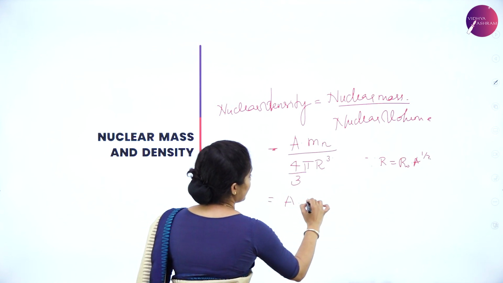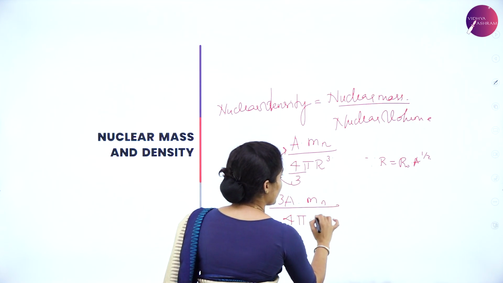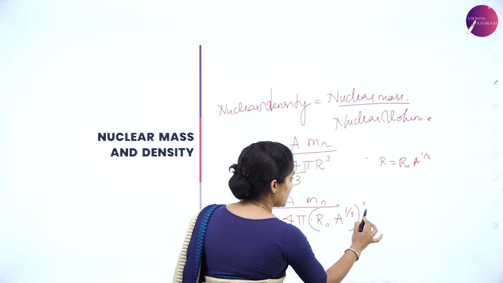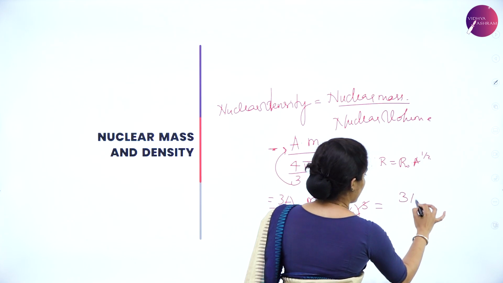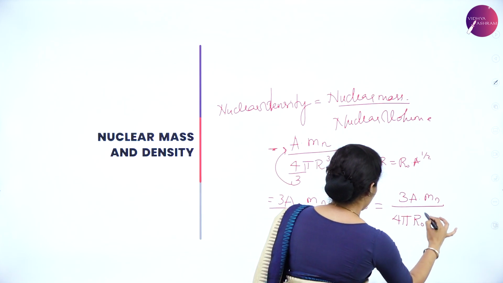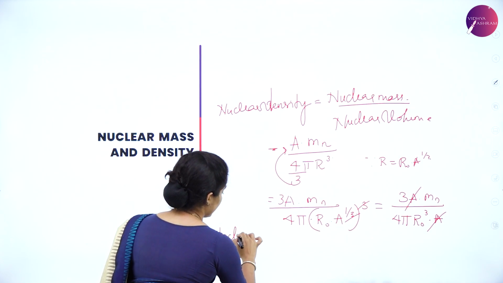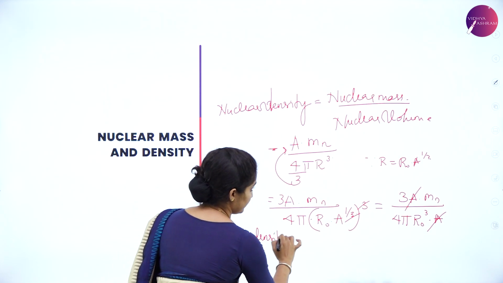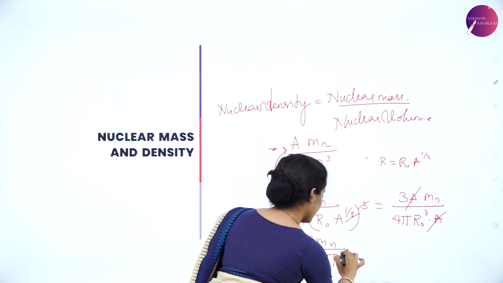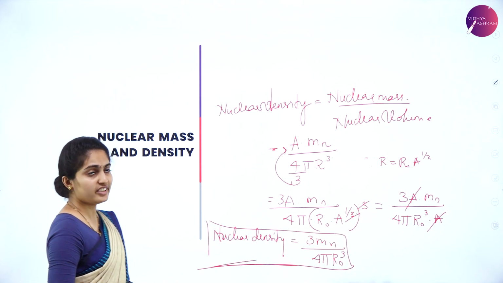On calculating, we have A Mn, and this is 3 because 3 goes up, divided by 4 pi R naught A to the power 1 by 3 of the whole cube. So the cube cancels, and we have 3A Mn divided by 4 pi R naught cube, and A cancels with A. So nuclear density is given as 3 times Mn divided by 4 pi R naught cube. So this is the equation to tackle nuclear density.